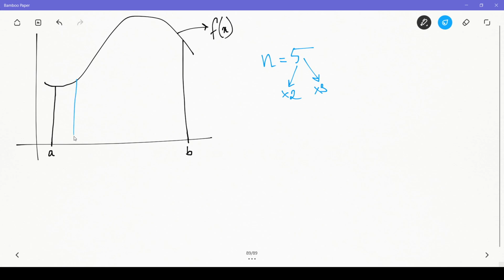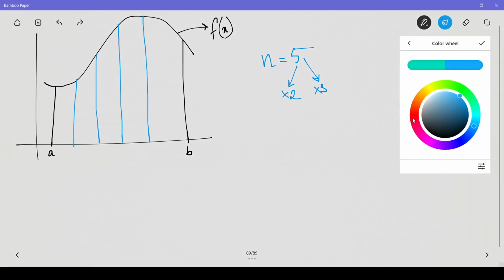So let's try to eyeball it, and let's try to divide this whole interval into 5 smaller subintervals. Approximately it should look something like this. Okay, 1, 2, 3, 4, 5. Of course these segments are not equal. That's the best I can do by eyeballing it. Okay, fine.